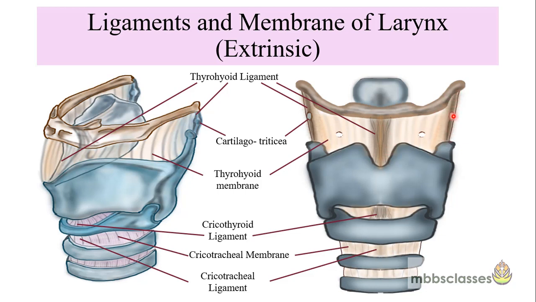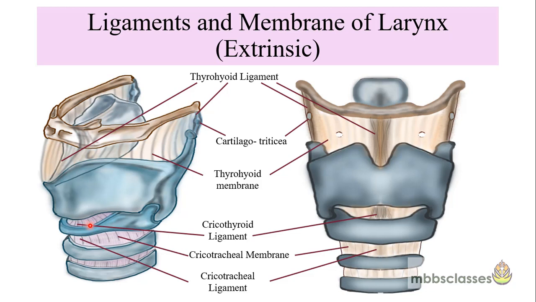And in the lateral thyrohyoid ligaments there are small nodular elastic cartilages. These are called the cartilago triticea.